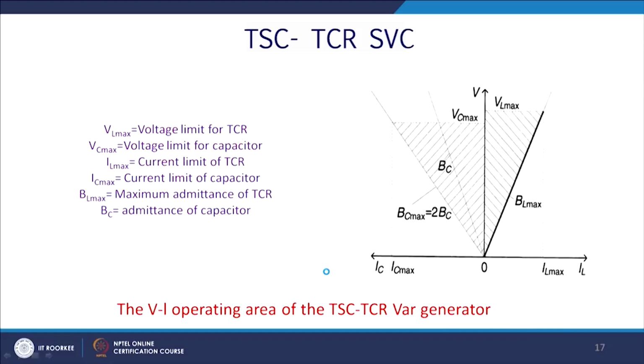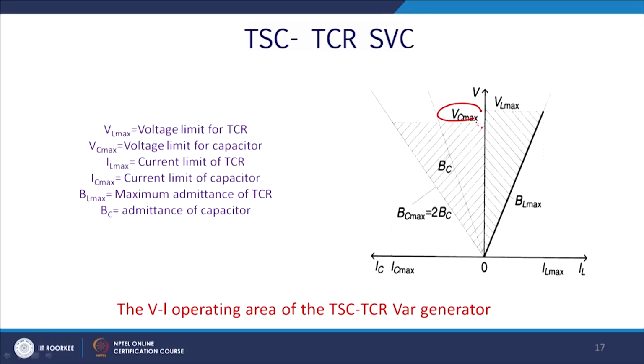So, this is the admittance curve. You require to keep the rating of the TCSC a little below that of the TCR because of the voltage swelling of the capacitor. So, for this, VC max can be a little lower than VL max. This is the compensation.